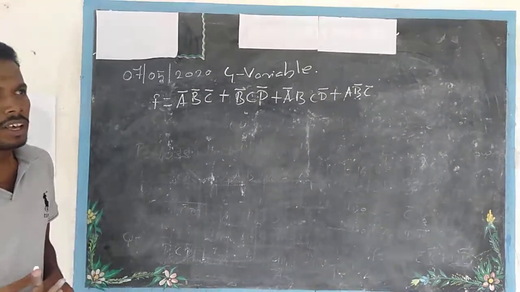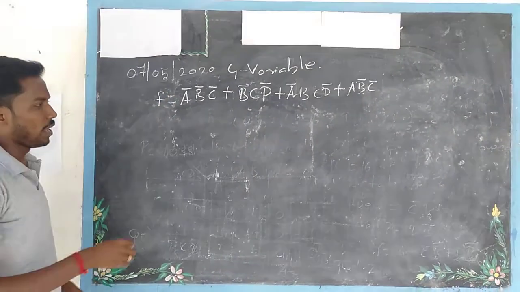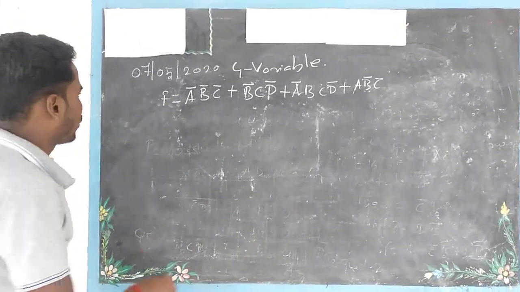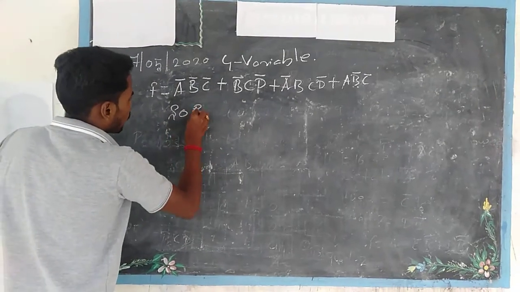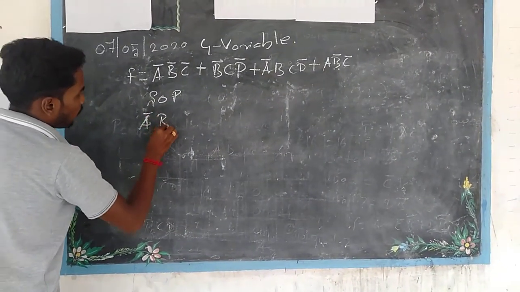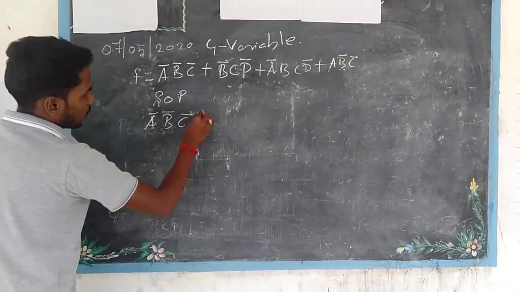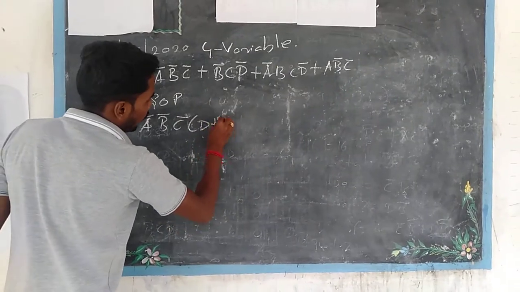In the next problem, the minterms are not given. The given problem is in SOP form, and we take the possible SOP. The first term is A bar, B bar, C bar; the missing term is D plus D bar.